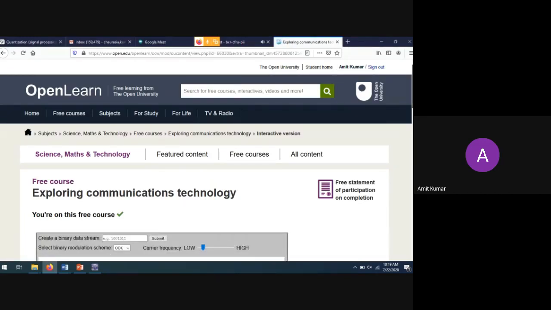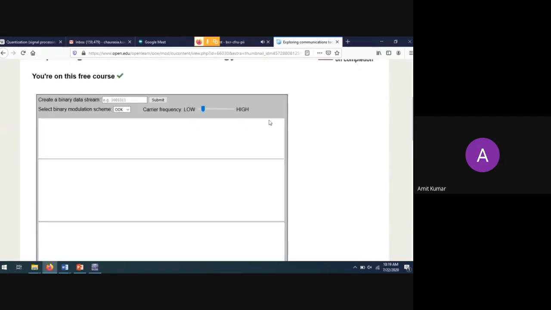Again, you have to type your enrollment number, the last 3 digits of your enrollment number. I am writing a random number, you can take any other, and you have to select BFSK, select the carrier frequency, and submit it.